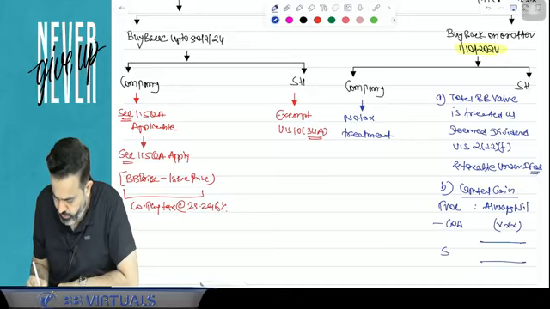So the remaining is either a short term or long term capital loss.